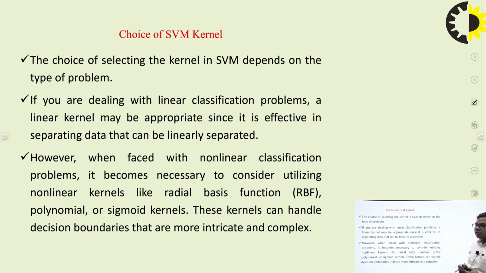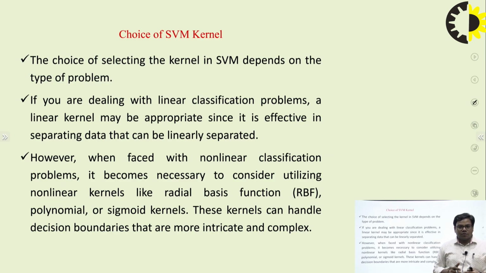So now again the challenge is which kernel must be chosen. We have a data set, we have a problem, and we are solving it through an SVM. Now we have an idea that my data set is not linearly separable.